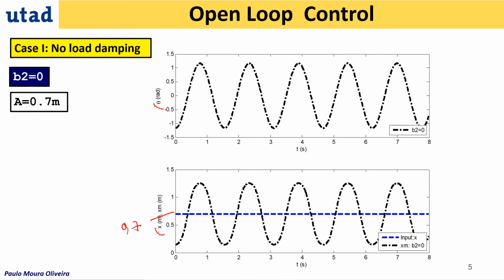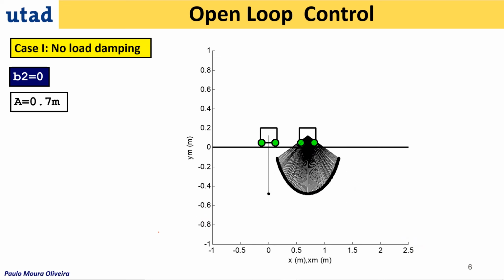It is interesting to see the simulation. A few years ago, we made a simple graphical interface in MATLAB with very elementary drawings. In this case, you can see the initial position and the final position, and there is a jump here, of course, ideally.